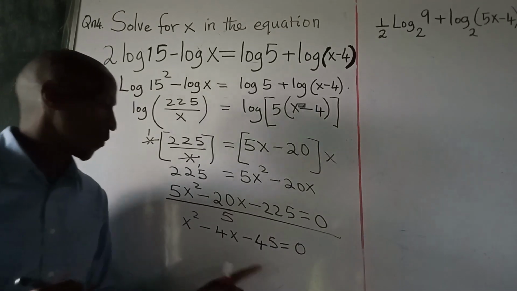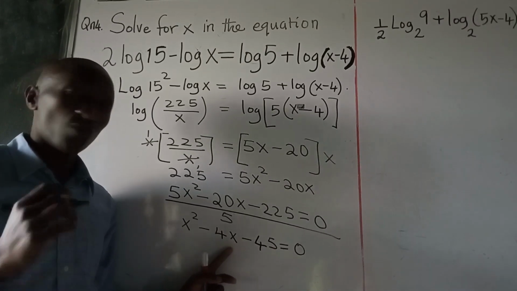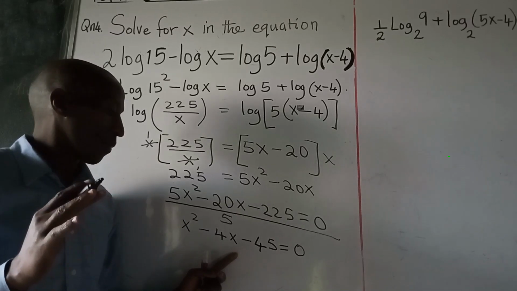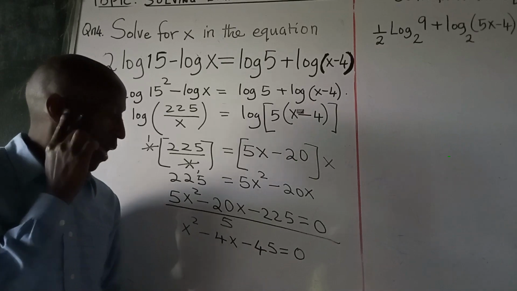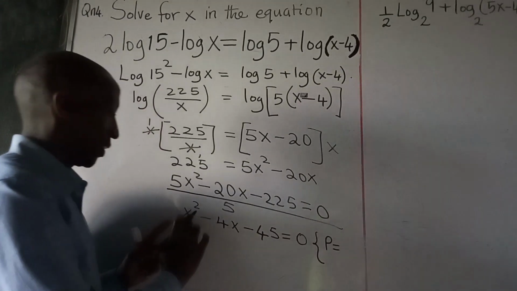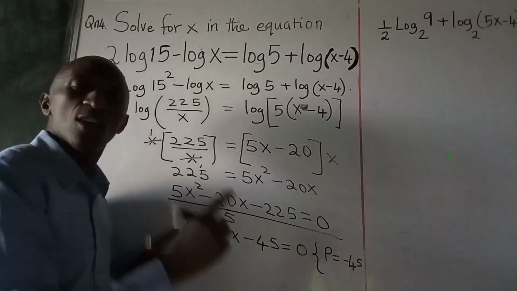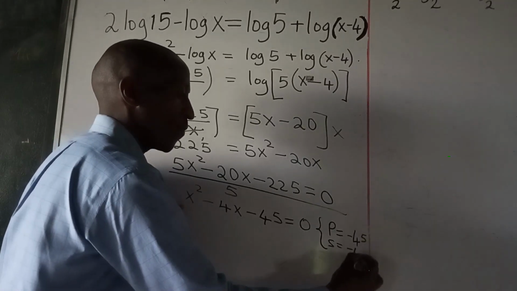At this point, viewers, we look for a suitable method of solving this quadratic equation, and that is by factorization. So we factorize and we look for two numbers whose product is negative 45 and whose sum is negative 4.